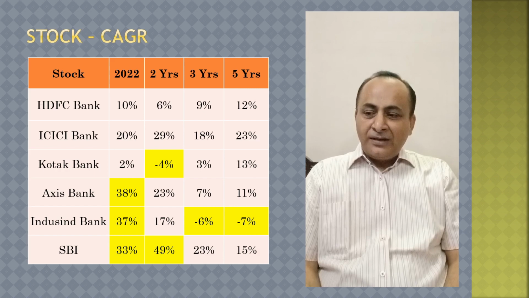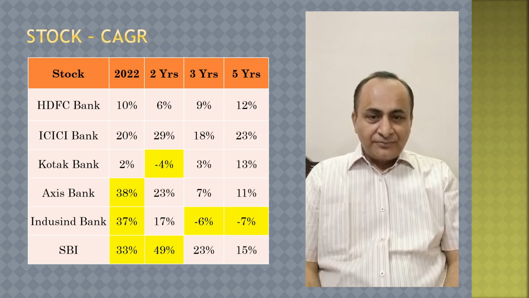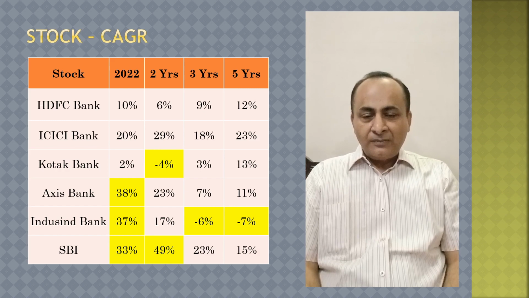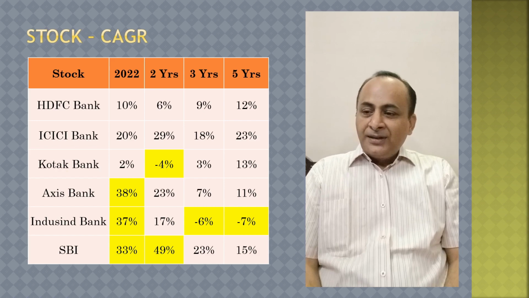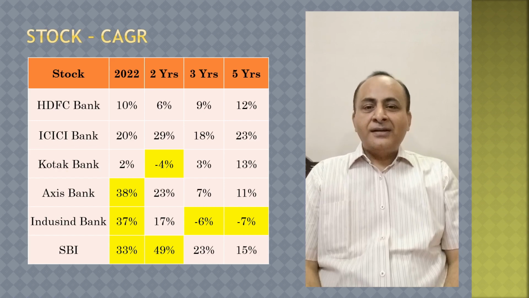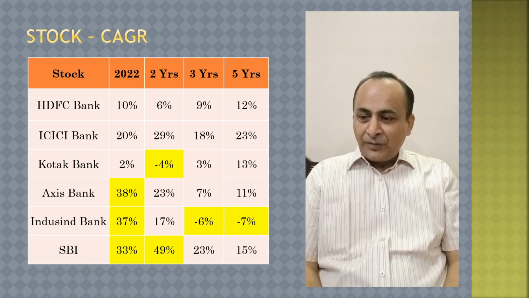SBI has been going up and up for the last 2 years. ICICI Bank has been doing better for the last 5 years than HDFC Bank. Very surprising. Kotak has been a rank underperformer for the last 5 years, or particularly the last 3 years.